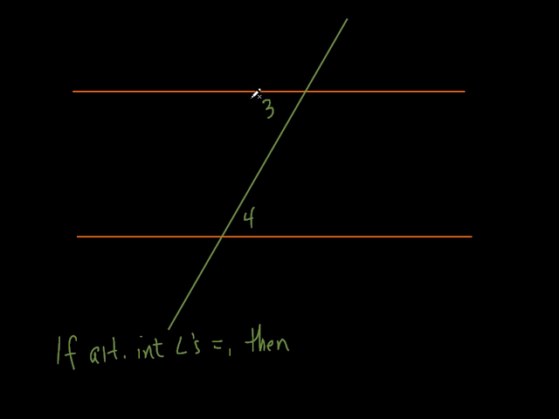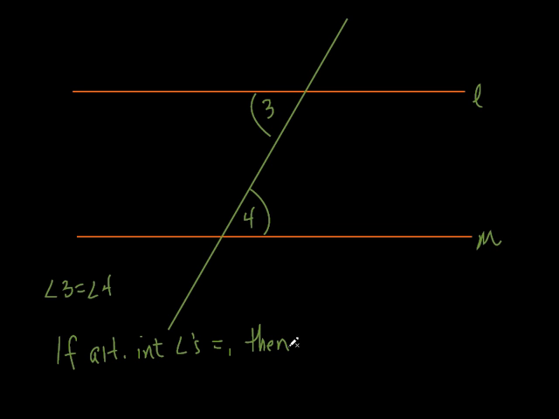What if I was able to tell you that angle 3 absolutely equals angle 4? All right, so if I said that angle 3 equals angle 4, what could you say about these two lines? This theorem says that those two lines are going to be parallel. We'll call the two lines L and M.